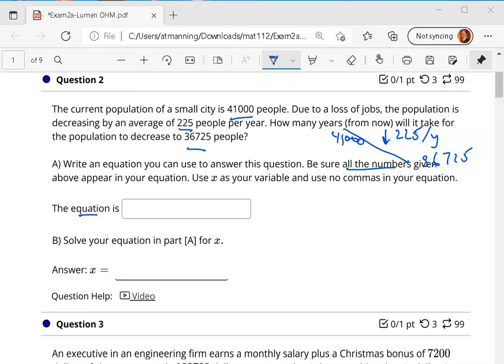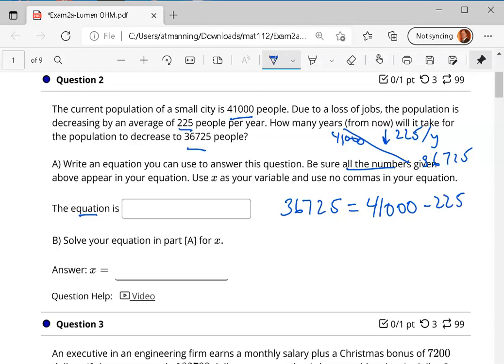We'll say our final population, 36,725, equals 41,000 to start with, minus 225 people per year. Per year, or 225 times the number of years.